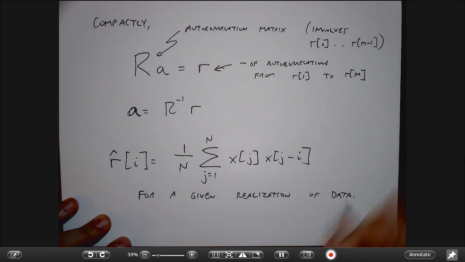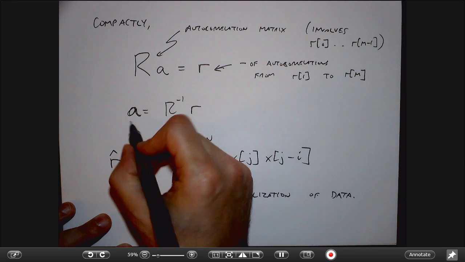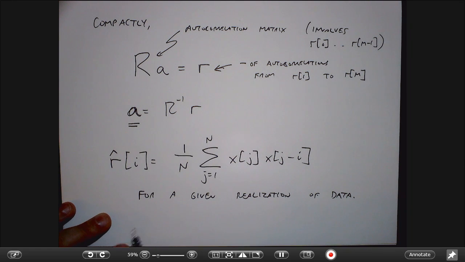That's going to be my crude approximation to the expected value. Okay, so this would be how I would get the A's, the prediction coefficients that come from the AR process.